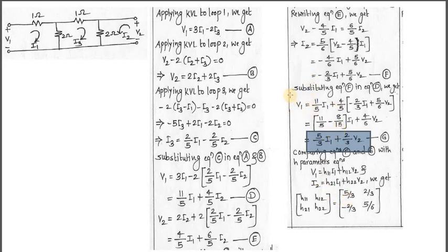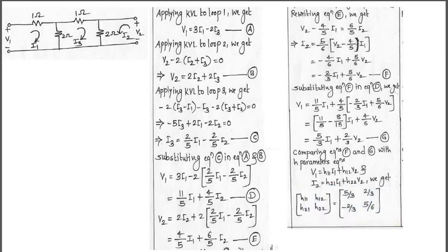In this case, V1 is getting represented in terms of I1 and V2. It means that 5 by 3 must be representing H11, 2 by 3 must be representing H12. Here I am representing I2 in terms of I1 and V2. It means that minus 2 by 3 must be representing H21 and 5 by 6 must be representing H22, so that I get all the values of H parameters.